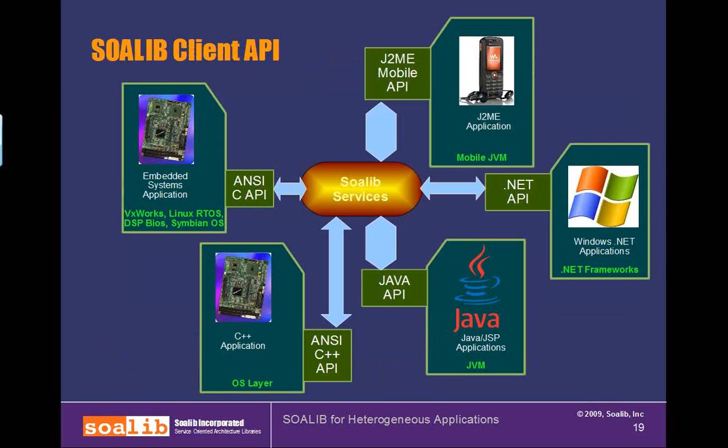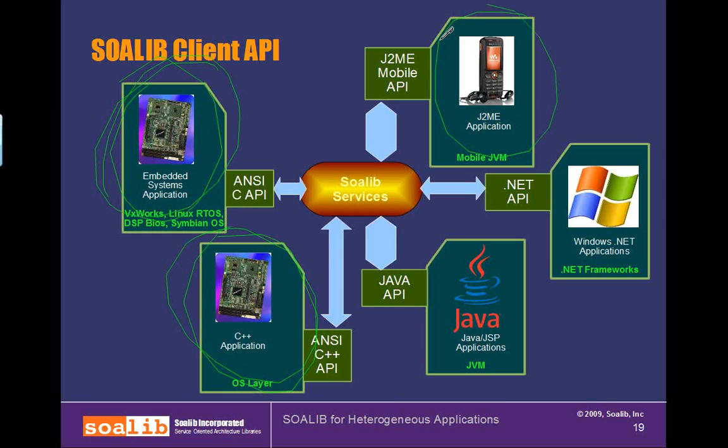Now, what is the advantage of using the SOALIB client? SOALIB gives you the power to integrate a large number of devices. You can see on the embedded systems, you can use the embedded C++ API to connect, the C API to connect. C++ can also be used on the embedded systems.